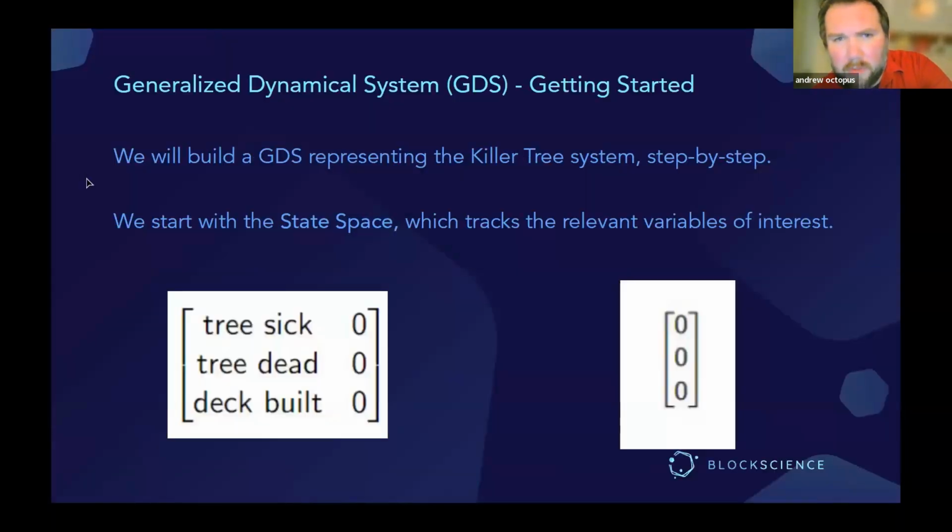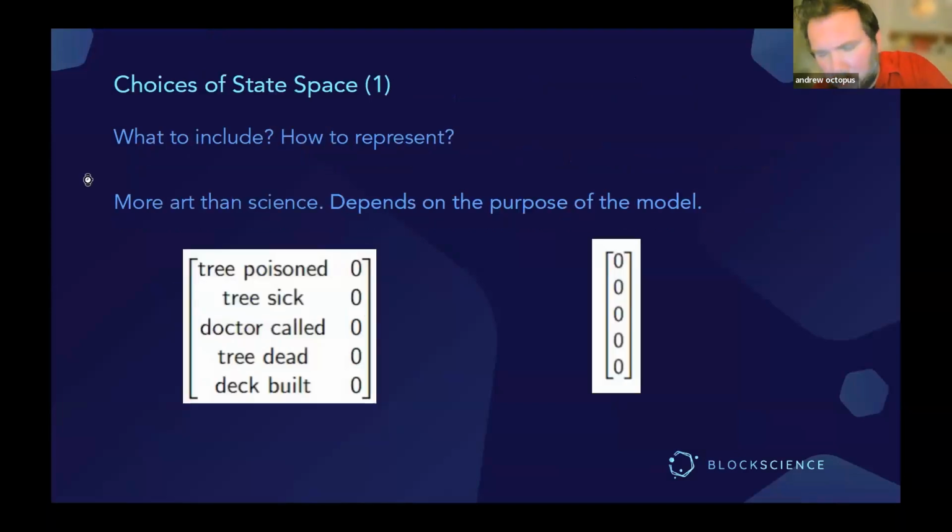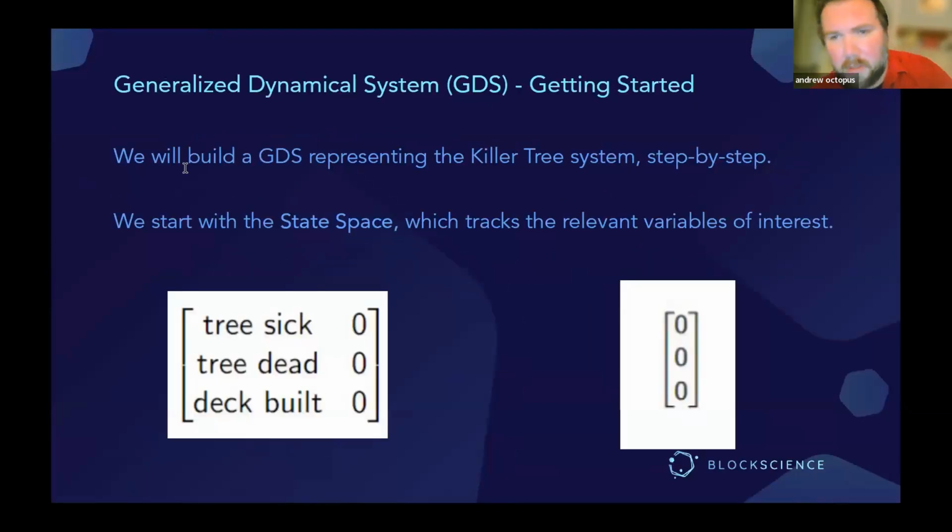We're going to build a GDS representation of this system step by step. And the hard part, in terms of the modeling decisions to make, is which variables need to be tracked and how they are tracked. We could start, for instance, with just the 3 Boolean variables that will be updated at each stage.